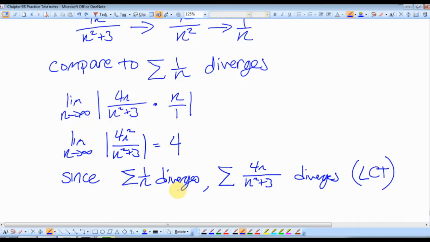If you're comparing to a converging series, if you get 0, then you've proved convergence. If you get another constant, you've also proved convergence. But if you get infinity, then the test is inconclusive.